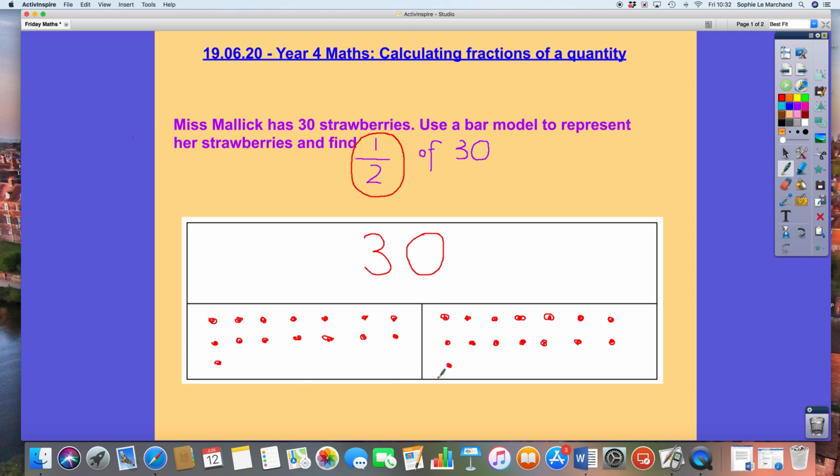So I have split her strawberries into two equal amounts.